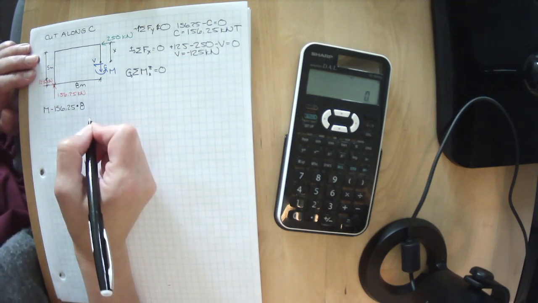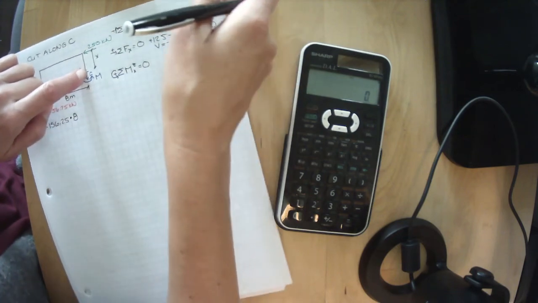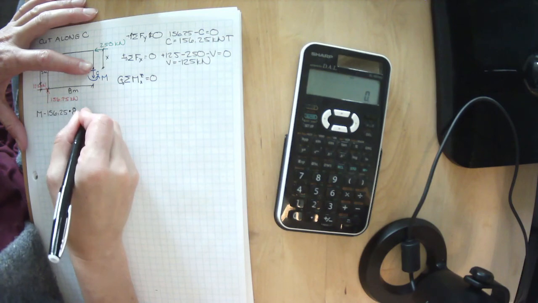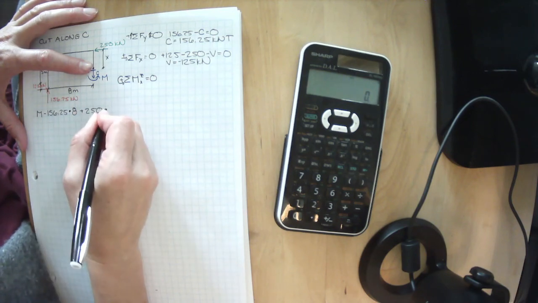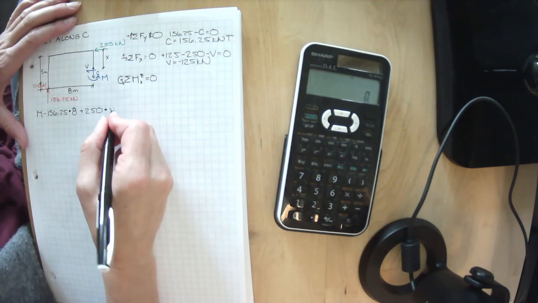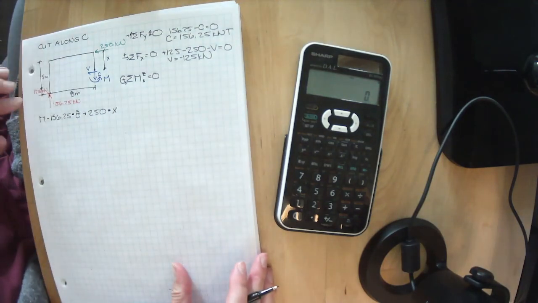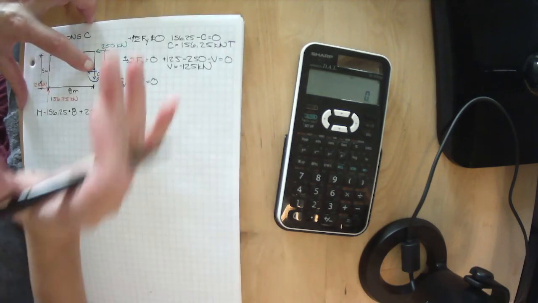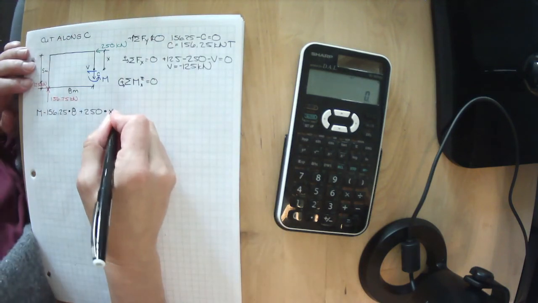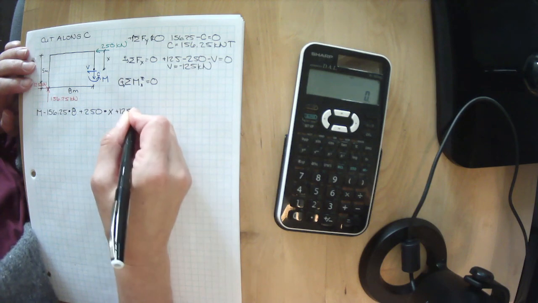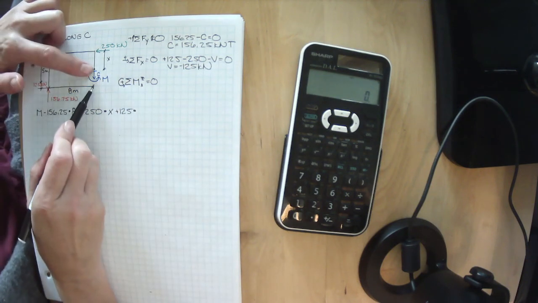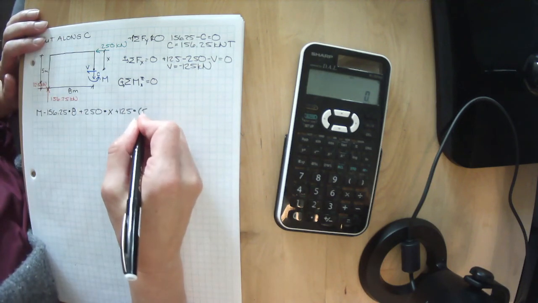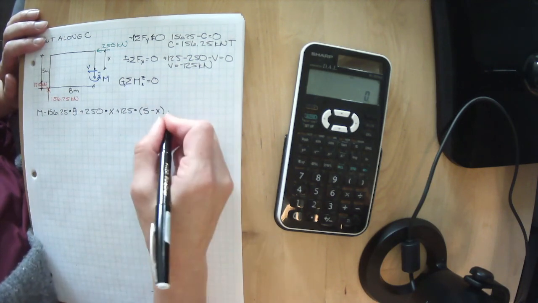We have our 250 kilonewtons spinning it in that direction, which is positive, so plus 250 kilonewtons, and it is acting X away. We have our 125 kilonewtons, which is trying to spin it in that direction, which is also positive, and it is this distance away, or 5 meters minus X. So 5 minus X.